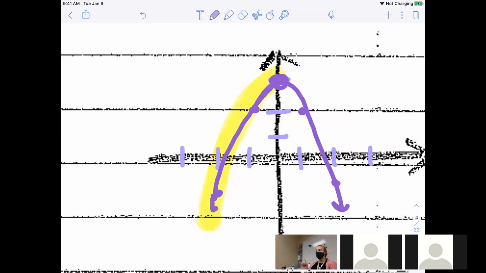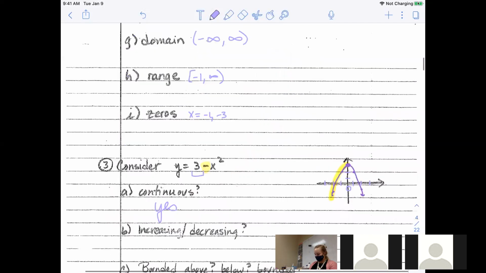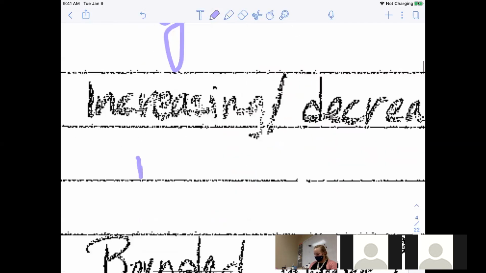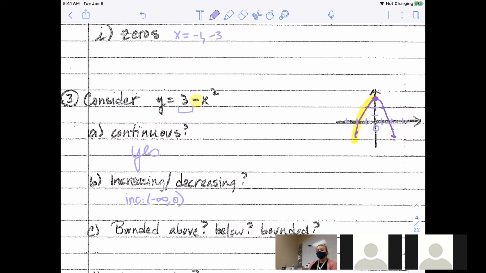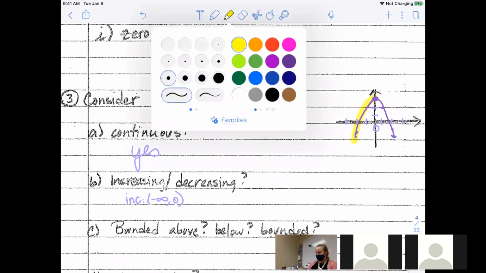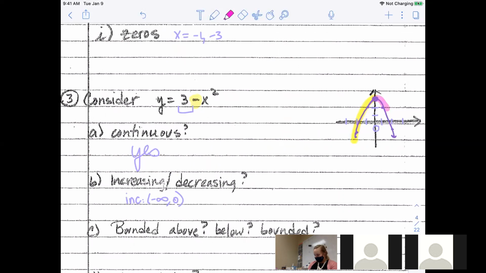Just remember, X is what matters. X is important. So I'm on 0 for my X. So I'm increasing from negative infinity to 0. So I'm going to write increasing, negative infinity to 0. And then I'm going to decrease from 0 to negative infinity. That's just what my graph does, and that's my interval.